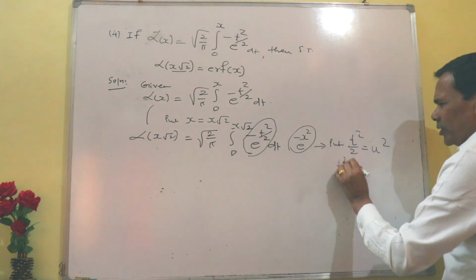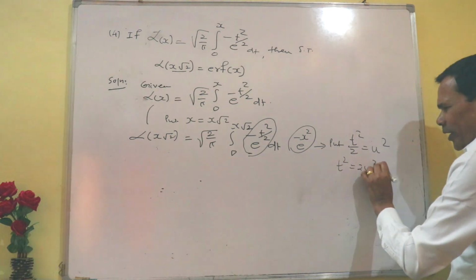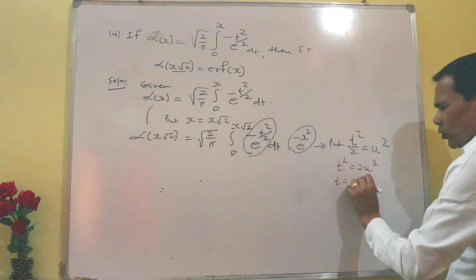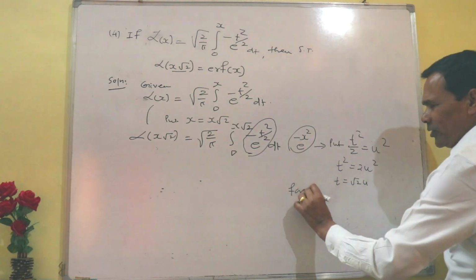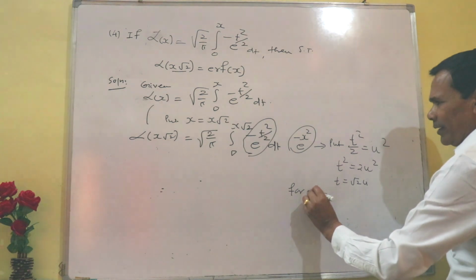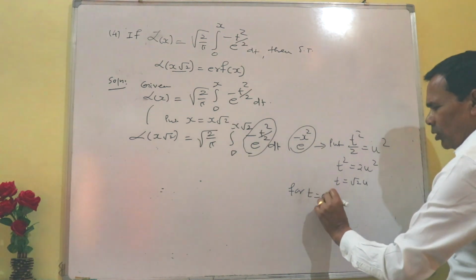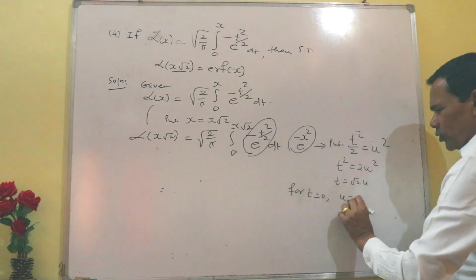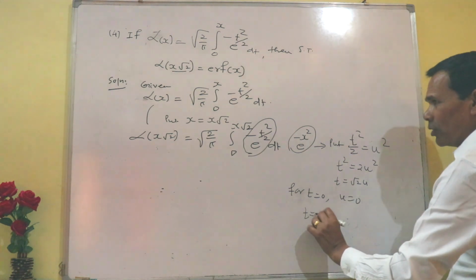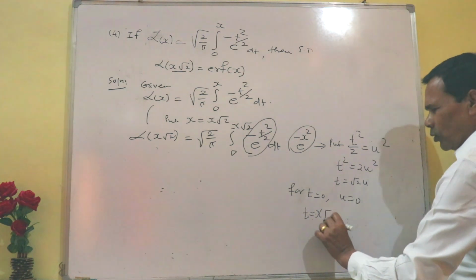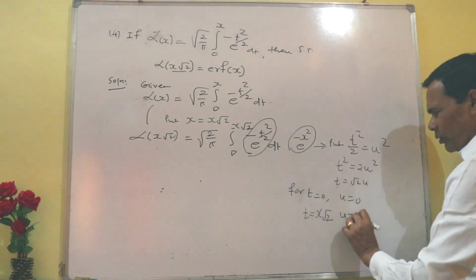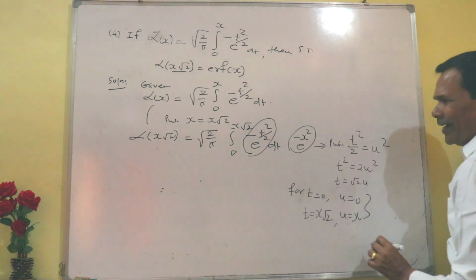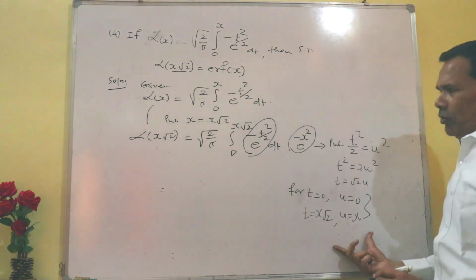So t square is equal to 2 times u square, so t is equal to root 2 into u. And what about the limits? For t is equal to 0, u is equal to 0, and for t is equal to x root 2, root 2 gets cancelled, so u is equal to x. So you are getting the limits, u is equal to x.